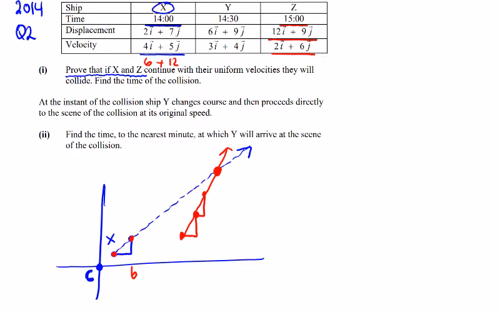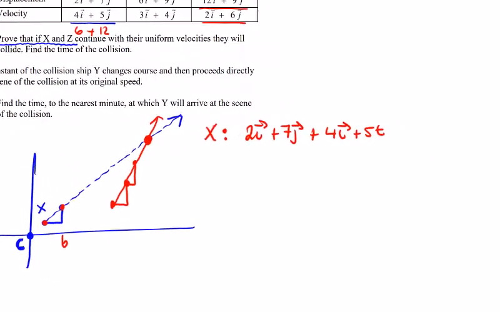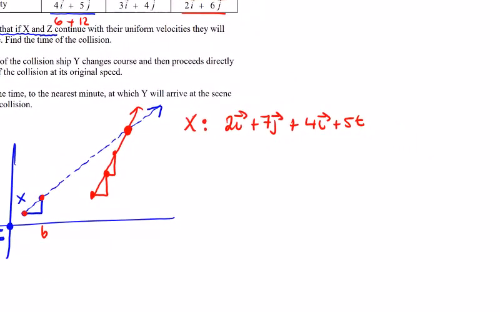So let's see where X is after an hour. X starts at 2i plus 7j. In 1 hour, we add 4i plus 5j. In 2 hours, we add 4i plus 5j times 2, and in 3 hours 4i plus 5j times 3.